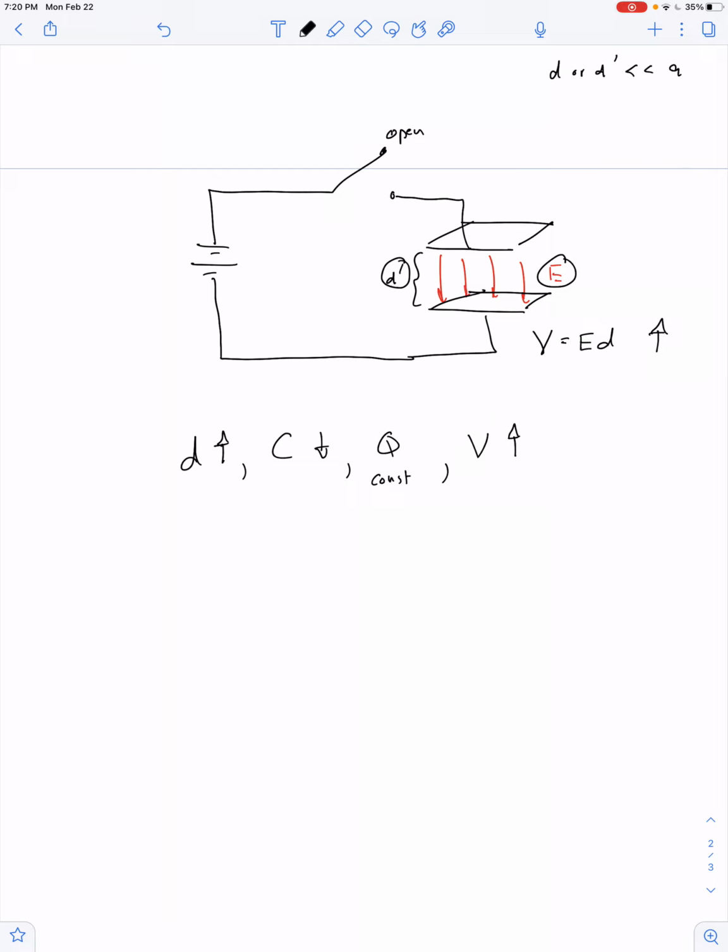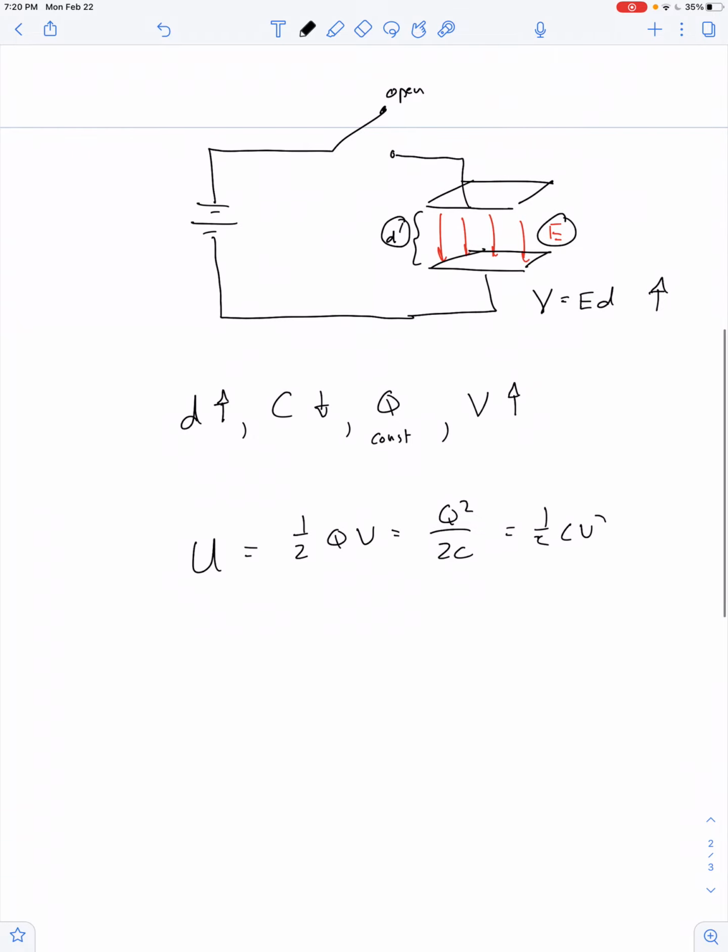So if we want to consider what happens to the amount of energy stored, we think of these equations: 1/2 QV, Q squared over 2C, or 1/2 CV squared. Probably the best equation to think of is this equation, right? Because we know Q is constant, so it doesn't factor into anything. So if the value of C has gone down, then the amount of energy has gone up.